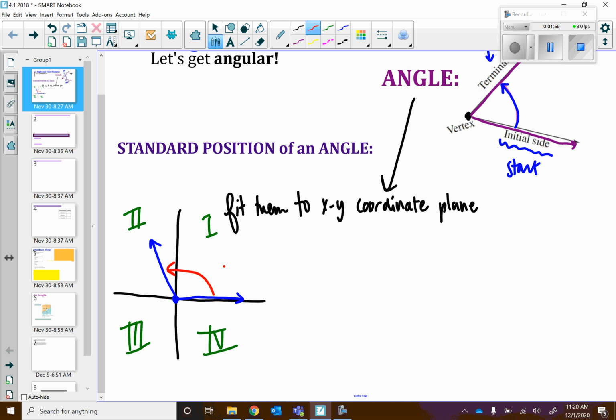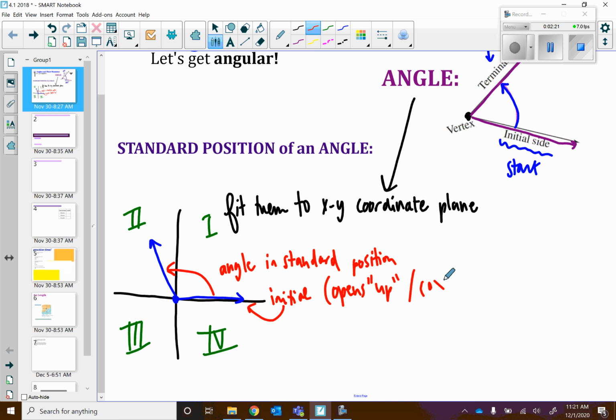This is an angle in standard position, where again, its initial side is starting on the positive x-axis, and it opens up, kind of, or counterclockwise.